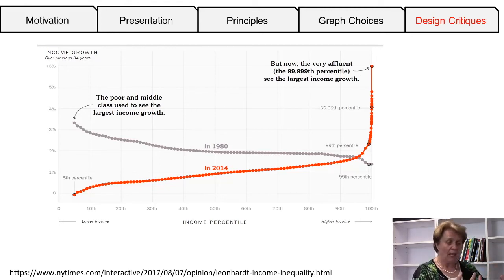So the authors of this have made a very compelling story just by drawing two lines, and they make the point because you can see at the left-hand side, they even tell you in words what's going on. They say the poor and middle class used to see the largest income growth, and then they say, but now the very affluent see the largest income growth. So you see the visual, and it's also being spelled out for you in words.